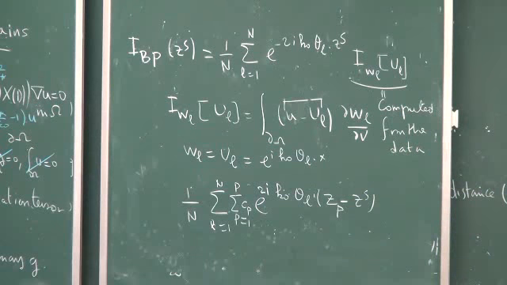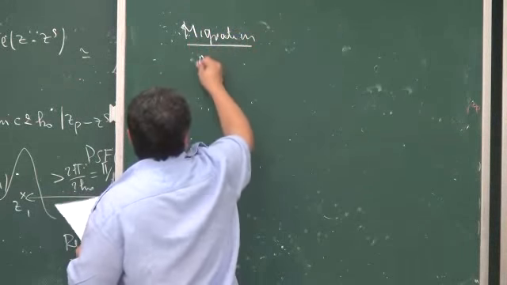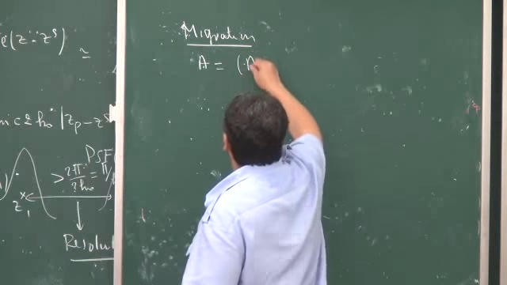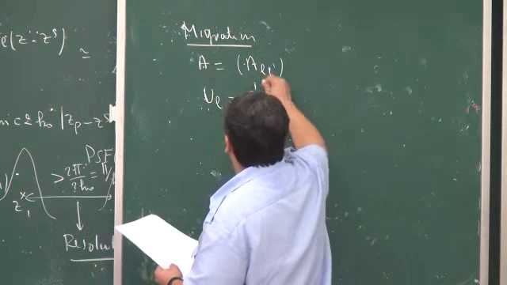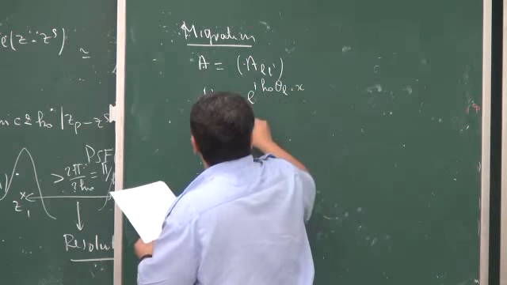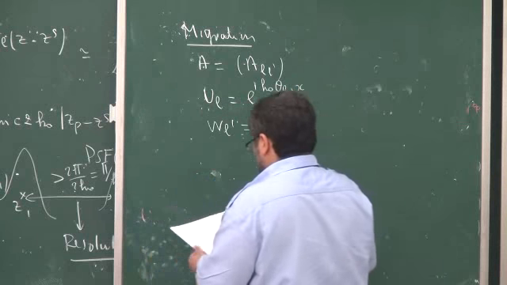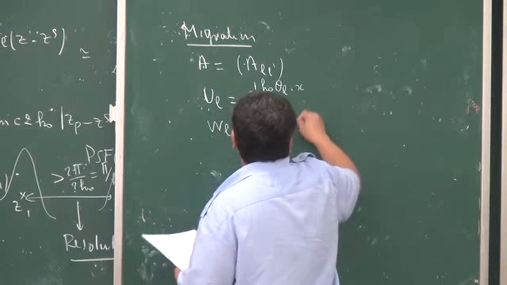So we will use migration to form the matrix A. I was introducing A_L' by choosing U_L, this exponential, or the Green function, right? And W_L' is equal to the exponential e^{ik theta_L'·x}.